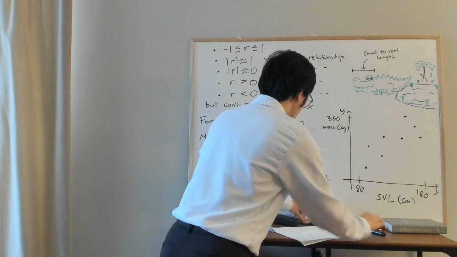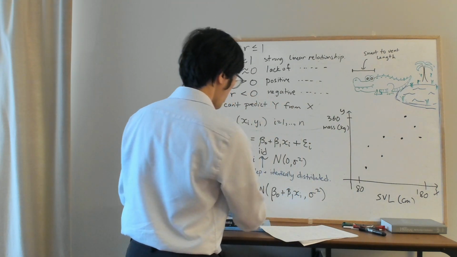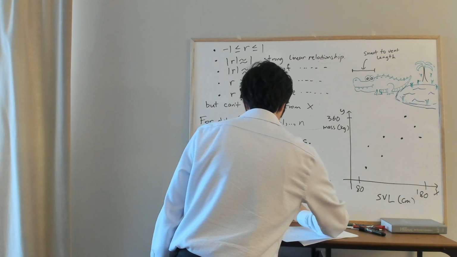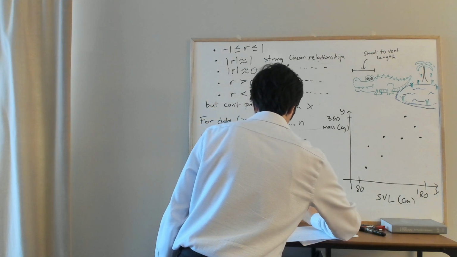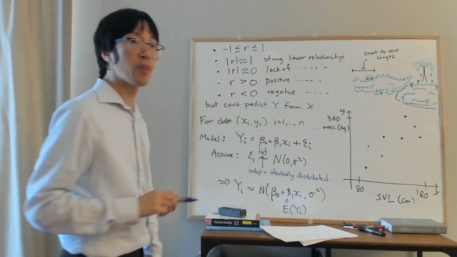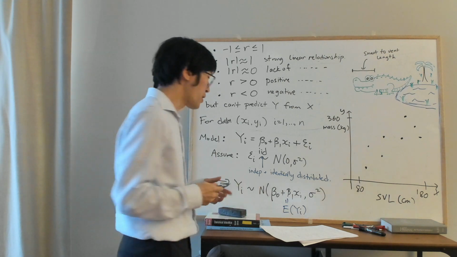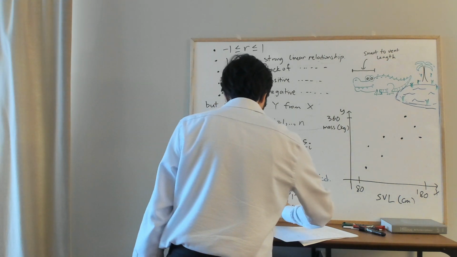Okay, so over here, this part, beta 0 plus beta 1 xi, is the mean of yi. To capture that idea, we can use the notation mu i.